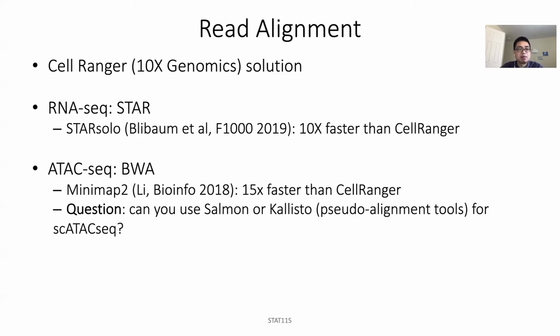There is a tool called Presto. It implements a fast Wilcoxon test, which is 1,000 times faster than in Seurat. For single cell RNA-seq, you have 20,000 rows, but for single cell ATAC-seq, you can easily get 300K rows.